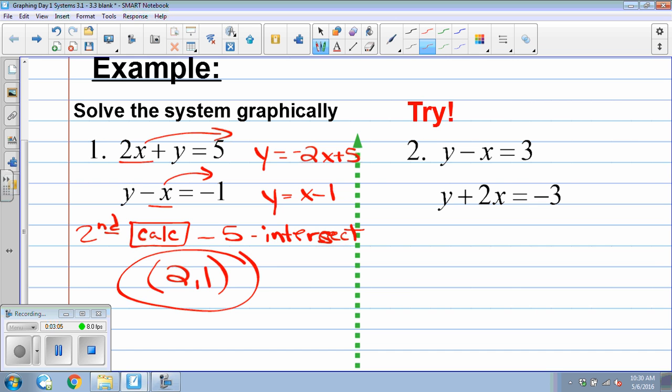Try number 2. So first we have to solve both of these for y. So we bring the x over, so you get y equals x plus 3. And here we bring 2x over, so you get y equals negative 2x minus 3. And then you put those in your calculator as y1 and y2.